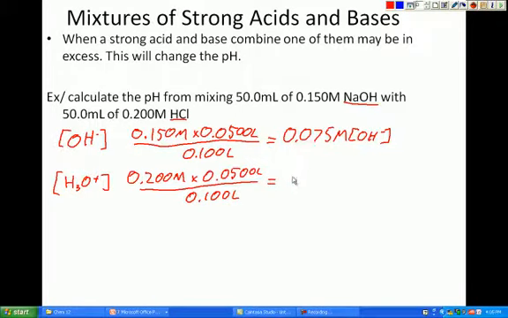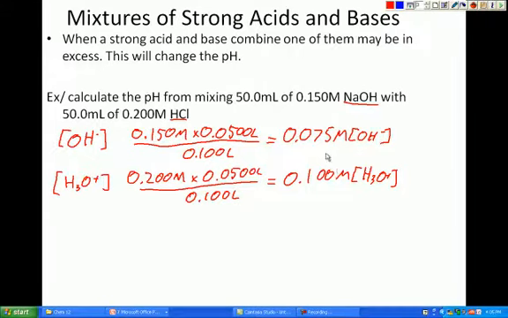So this is the concentration of OH after we dilute it by combining it with HCl, and here's the concentration of H3O after we dilute it by adding it to the mixture of NaOH.